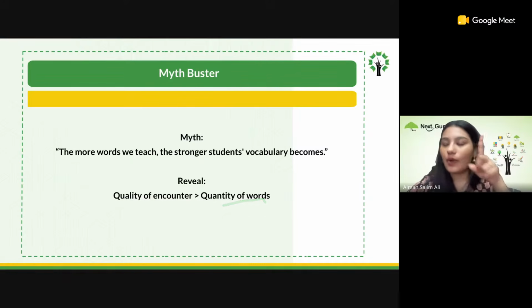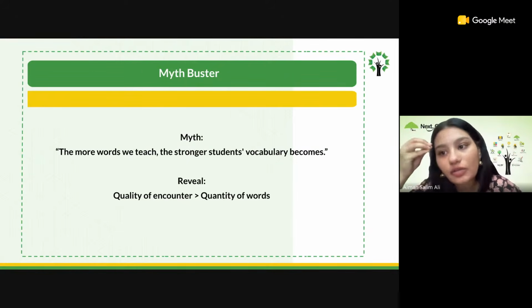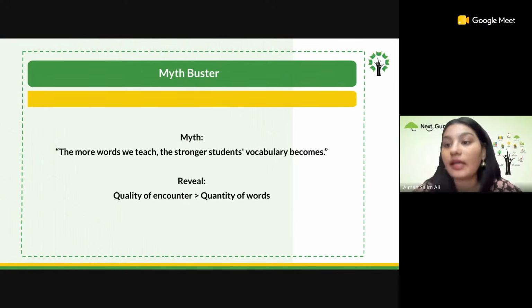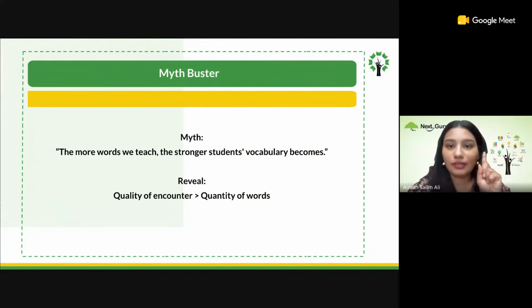Let's say you teach one word and the student is using that word throughout. That is more valuable than when my student is learning 10 words but not able to use any of those words in their everyday language. So the more the students connect to that word, the better it is for their vocabulary. Let me know if you agree with this in the chat box.